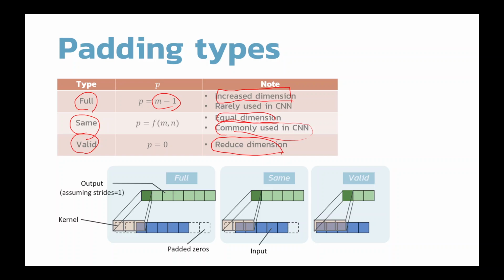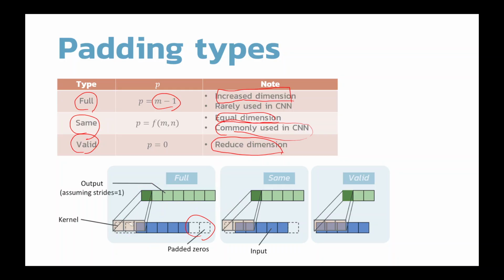The examples of all of these are listed below. If you do the full padding, that means that you are going to have an output that is larger than the input. Right here, it shows that you have 5 elements in your input. If you pad with two blocks on the left and right, you are going to have a larger output than your input. So the green is larger than the blue.